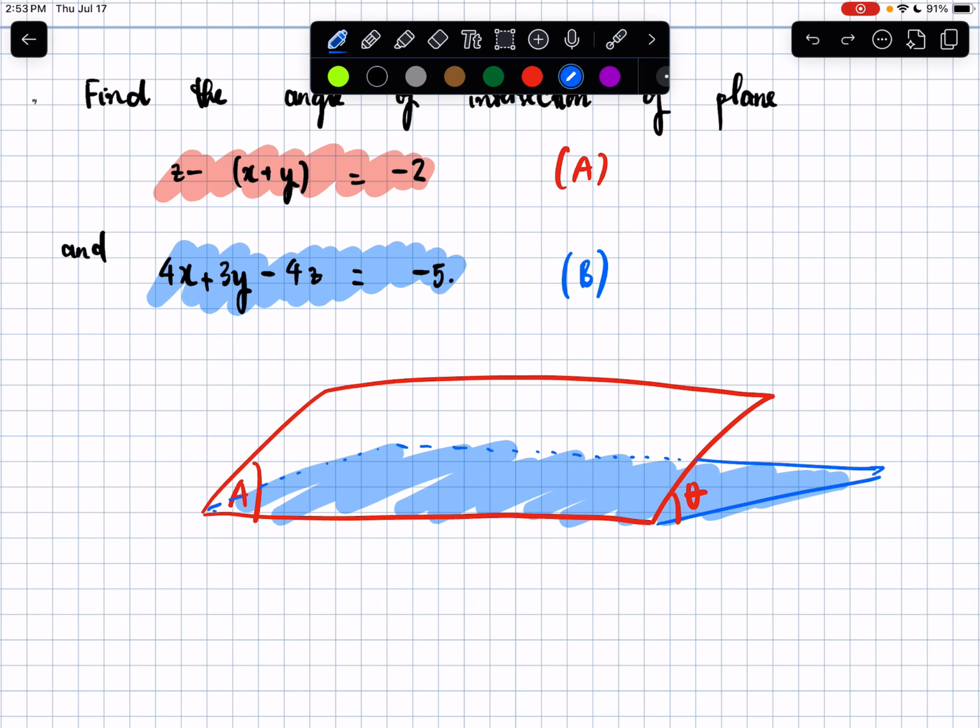Here's the plane B. And actually the angle of the two planes can be determined from the angle of the two normal vectors. So for the red one, the normal vector is the one perpendicular to A. So the red one is this, NA.